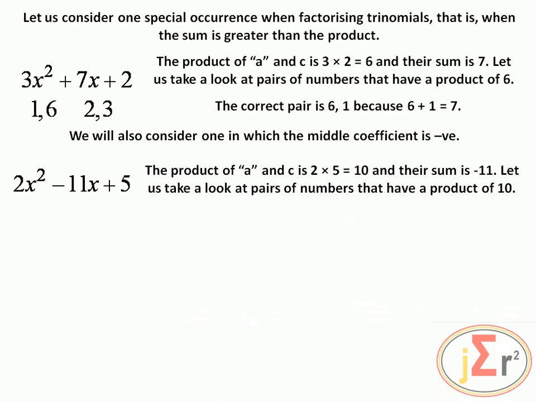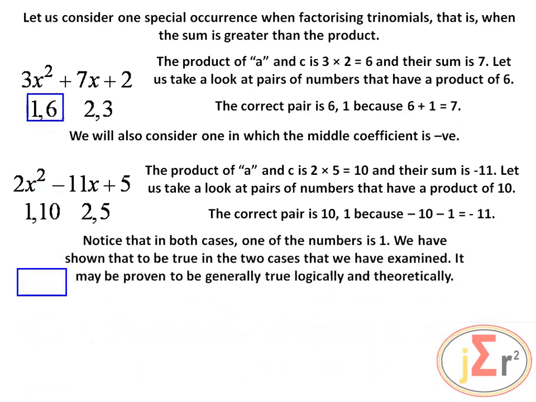The product of A and C is 2 times 5 is equal to a positive 10. And their sum is negative 11. Let us take a look at pairs of numbers that have a product of 10. 1 and 10, and 2 and 5. The correct pair is -10 and -1 because negative 10 minus 1 is equal to negative 11.